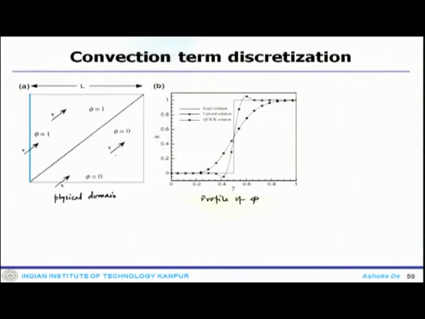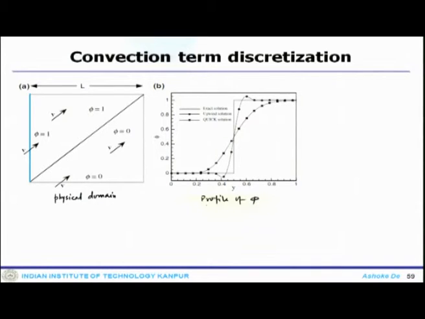Now, if you do not have any diffusion, then phi equals 1 would always be along the diagonal or along this line, because you do not have any diffusion. The scalar value would not diffuse, it will only convect along this line.